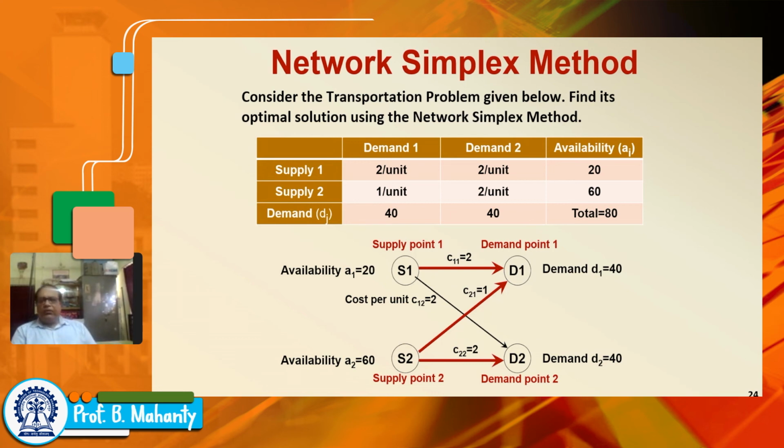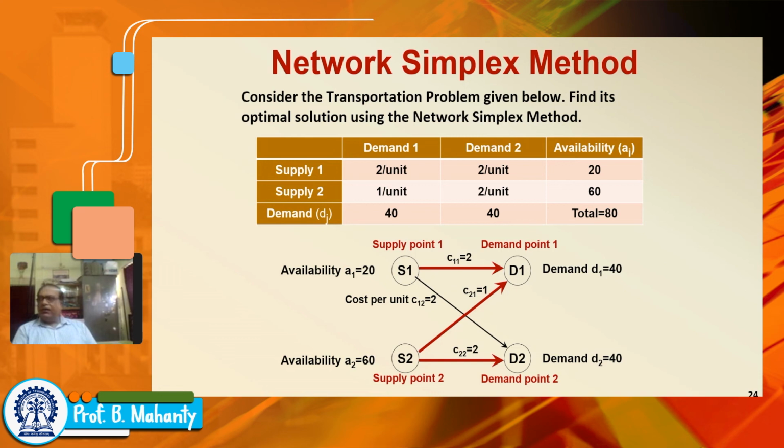So you can see that, first of all, this is a balanced problem. Total availability is 20 plus 60 equal to 80, and 40 plus 40 equal to also 80. So the cost of transporting material from S1 to D1 is 2, S2 to D1 is 1, S1 to D2 is 2, and S2 to D2 is also 2.